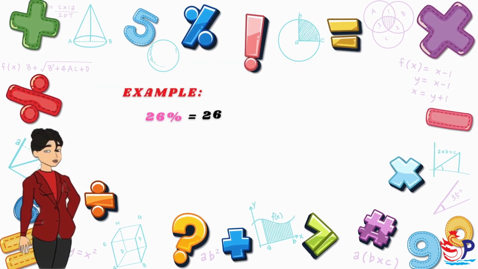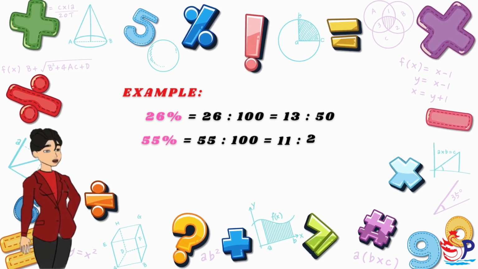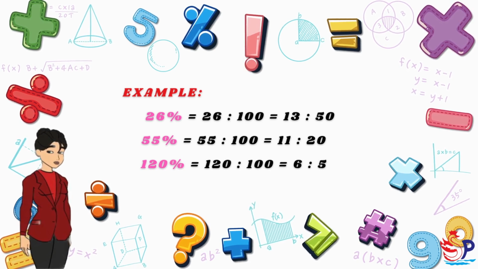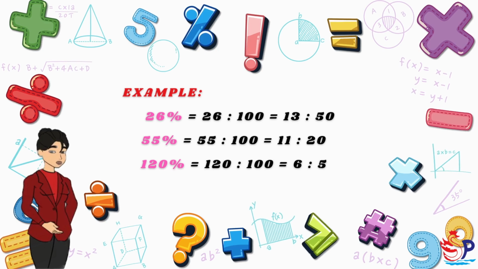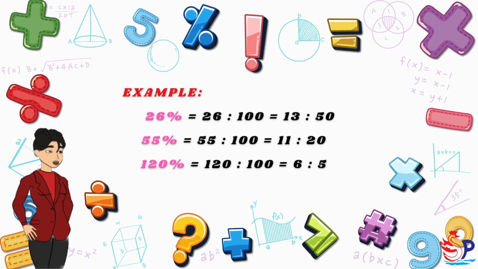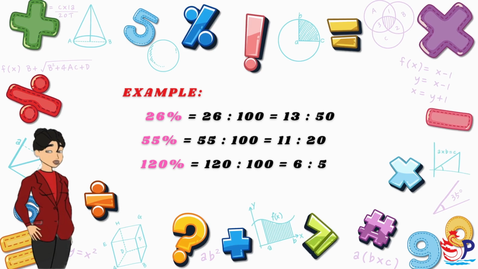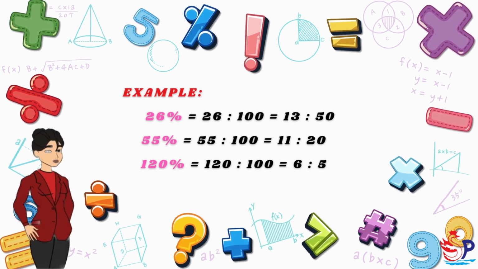Example: 26% is equal to 26 ratio 100, which is equal to 13 ratio 50. 55% is equal to 55 ratio 100, which is equal to 11 ratio 20. 120% is equal to 120 ratio 100, which is equal to 6 ratio 5.